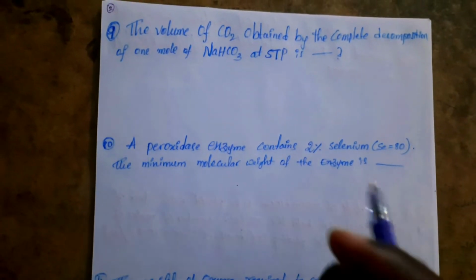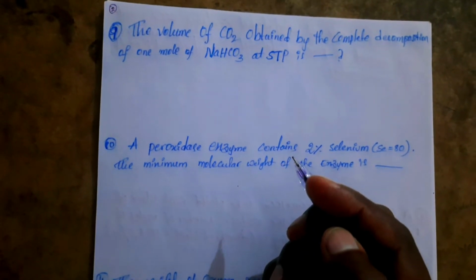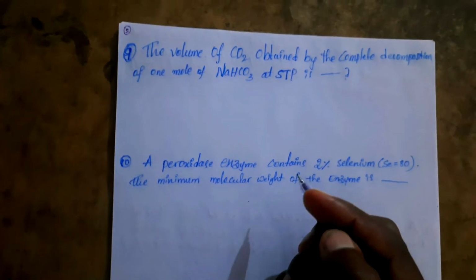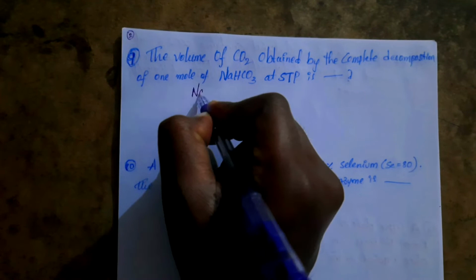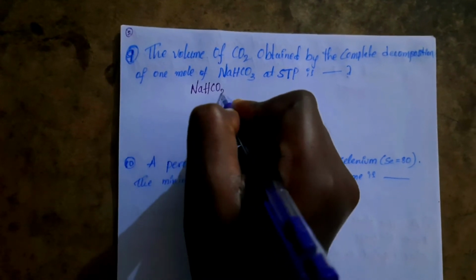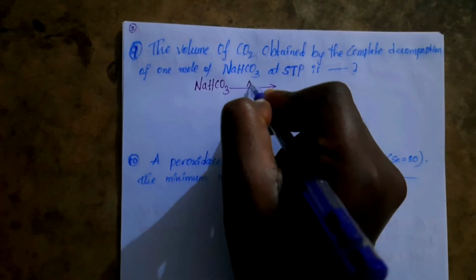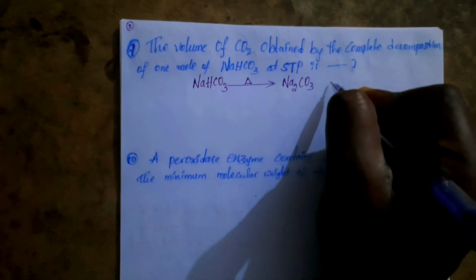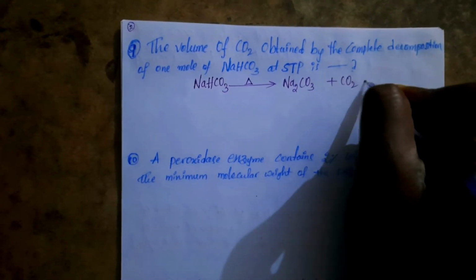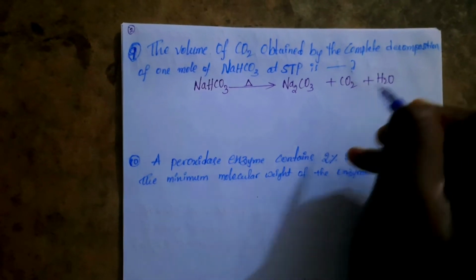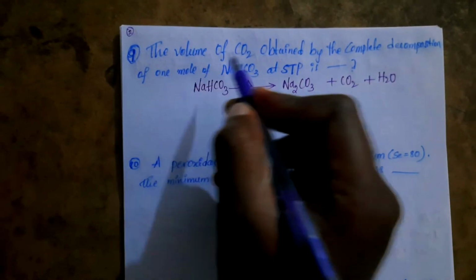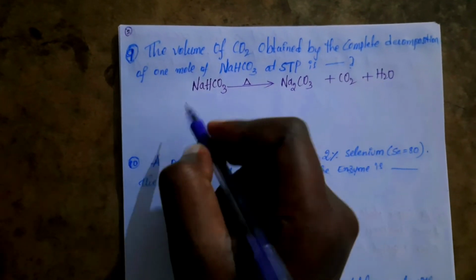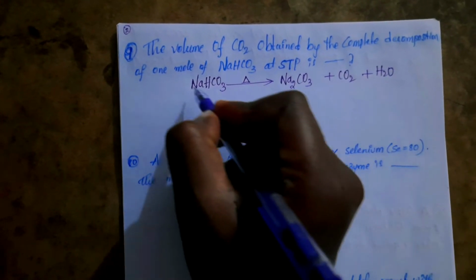The volume of CO2 obtained by complete decomposition of 1 mole of sodium bicarbonate at STP, they are asking. Upon heating, sodium bicarbonate decomposes, and we are going to get sodium carbonate plus carbon dioxide plus water. First you balance this equation.